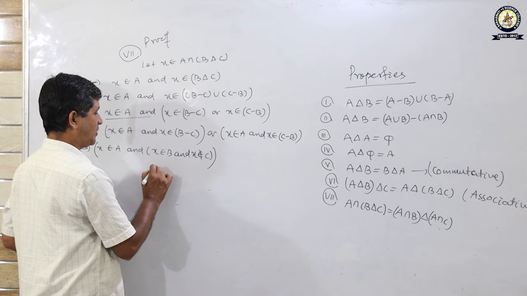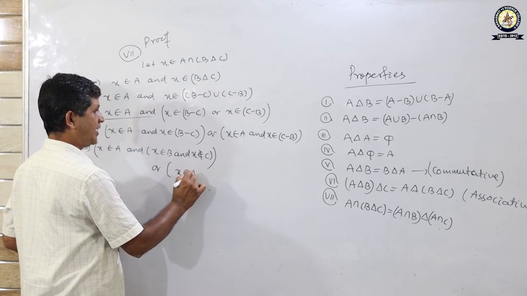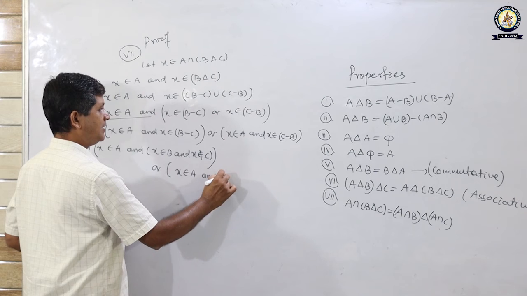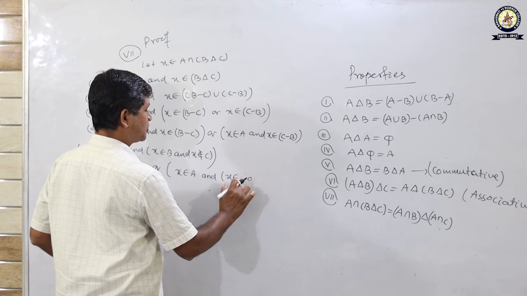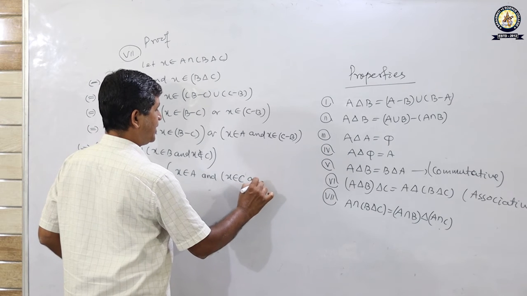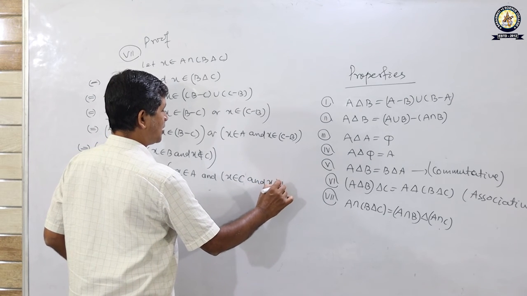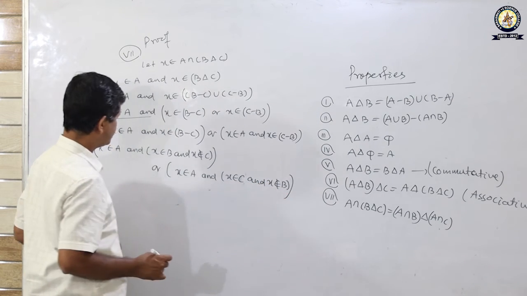Come to our other part. Or X belongs to A and X belongs to C and X does not belong to B.